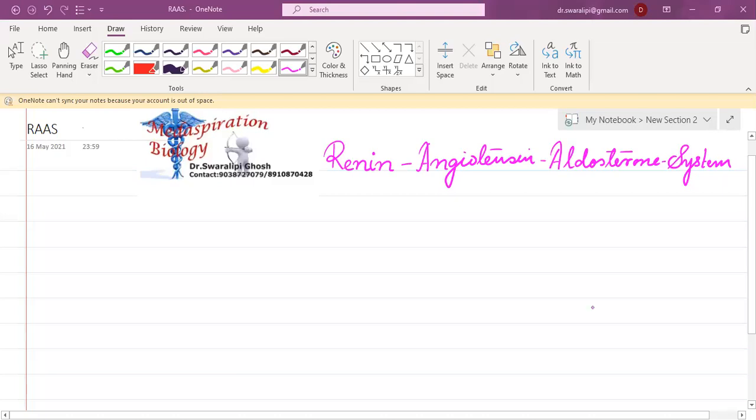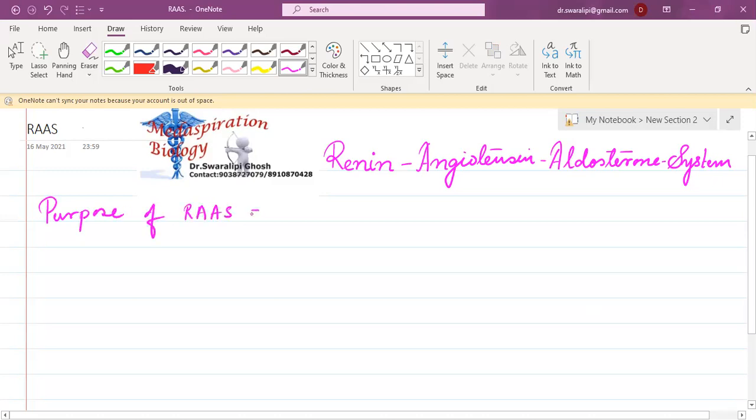Hello students, today I am going to explain you about the RAS pathway, or the renin angiotensin aldosterone pathway. First and foremost, I'll tell you what is the purpose of this pathway. What is the purpose of RAS?